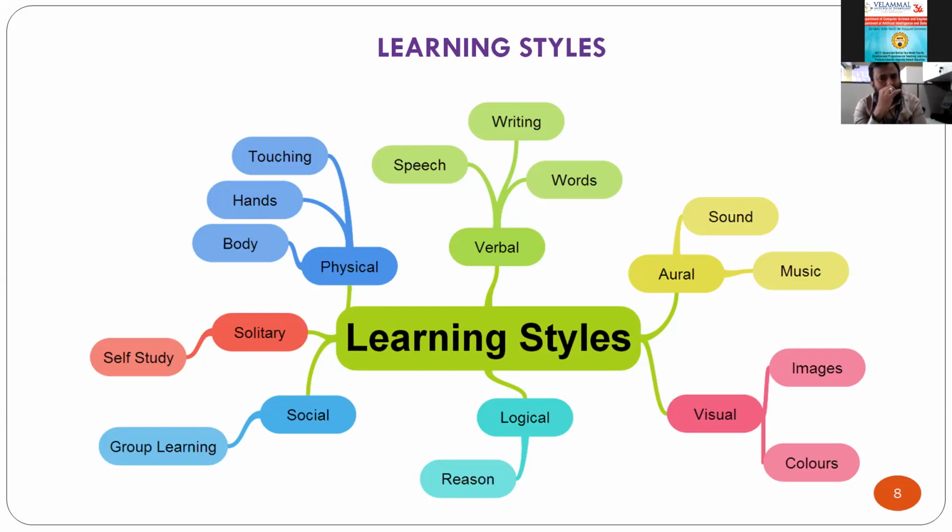Then oral means speech, sound, music. Logical means reasoning. Social means group learning, peer assisted learning, project based learning, like that. Solitary means self study. So these are different learning styles, and each and every learner has a different type of learning style.